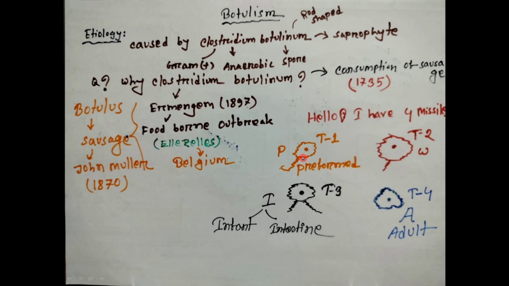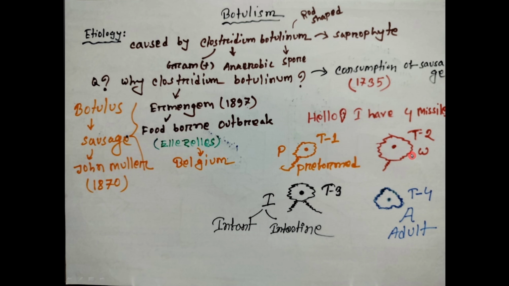That means just before ingestion, the toxin is already present within the feed. Foodborne botulism is rare, but it may kill rapidly and contaminate products, expose many persons, and it has medical significance.